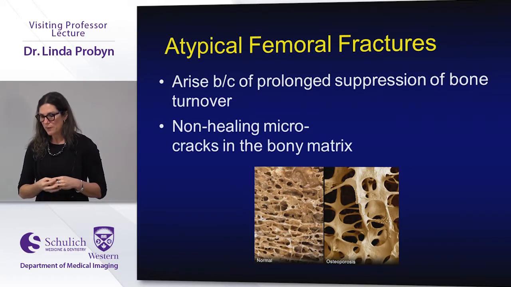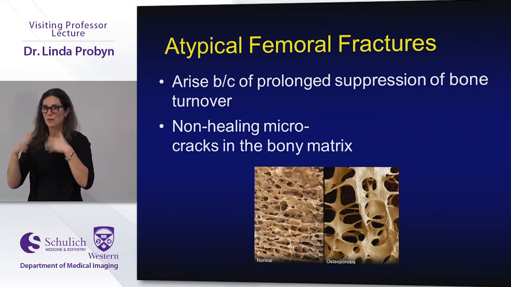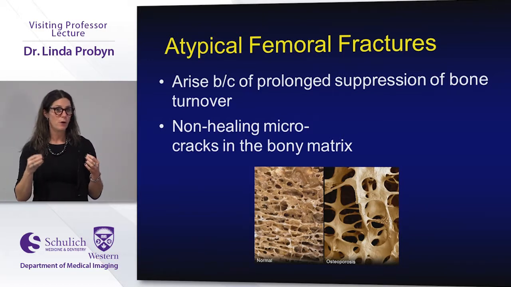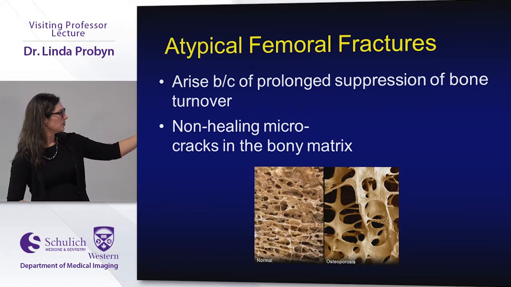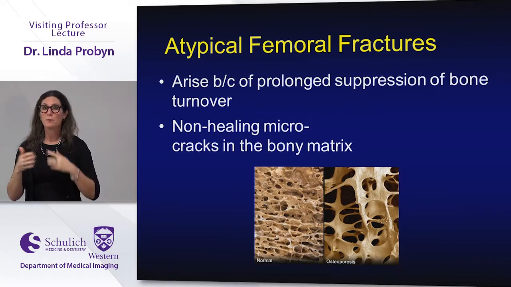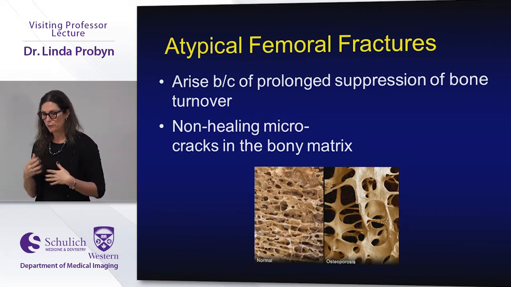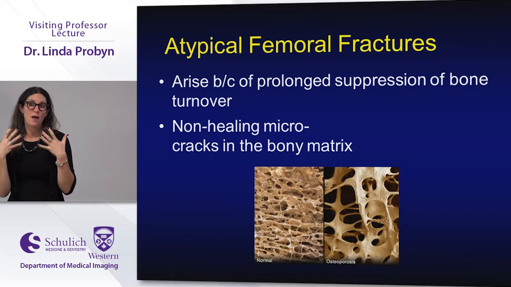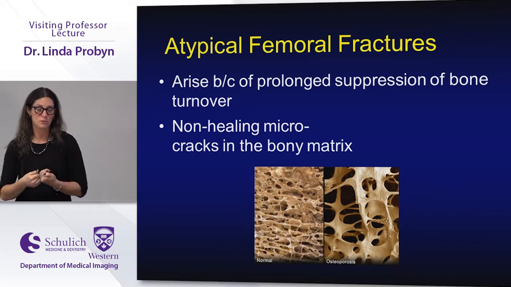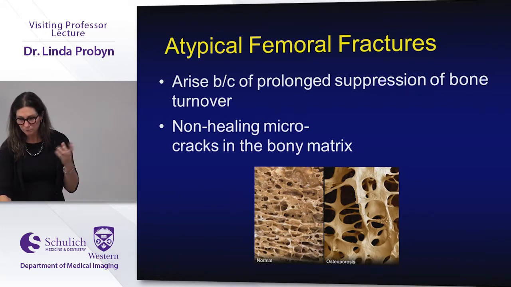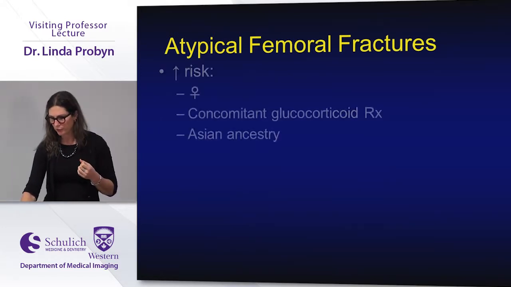Then when this uncoupling happens, there are little micro cracks in the bone, and you can see this bone's probably not very strong compared to normal bone. They develop these micro cracks, but because the bone resorption and formation have been uncoupled, the stimulus to make new bone has been reduced. That's why we get these atypical femoral fractures.